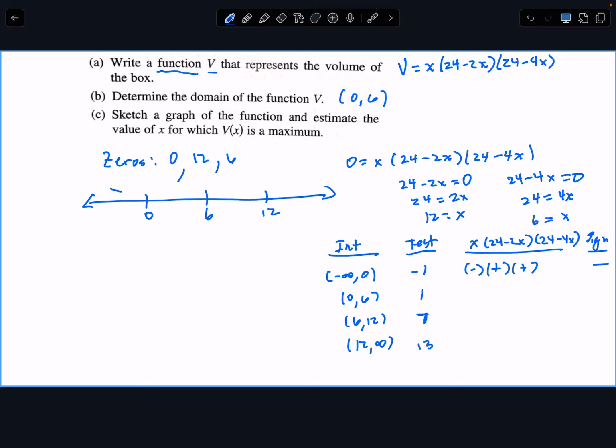If I put in 1, it's positive here, and it's positive here, and it is positive here, and overall the sign is positive. If I put in 7, I have positive here. 24 minus 14 is still positive. 24 minus 28, however, is negative.